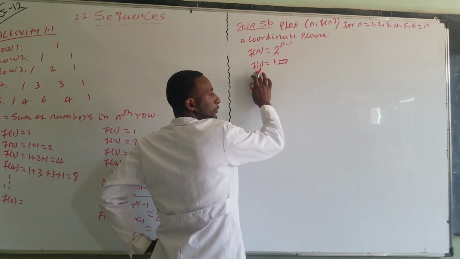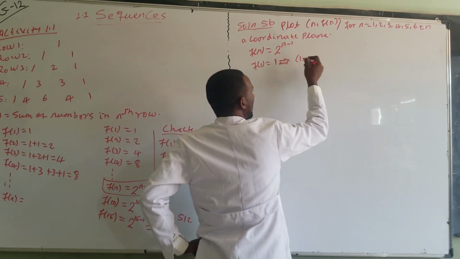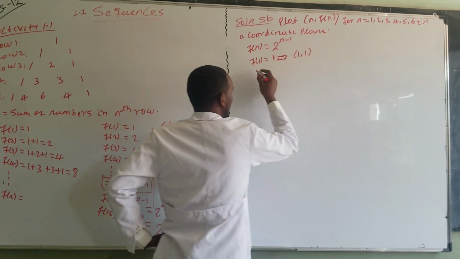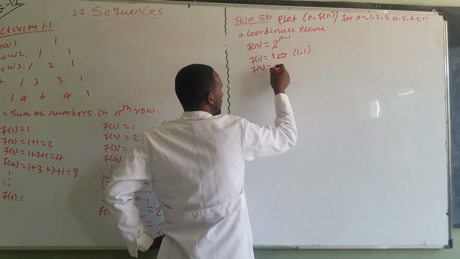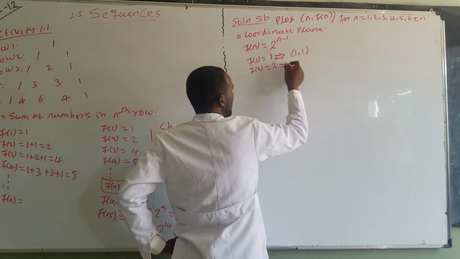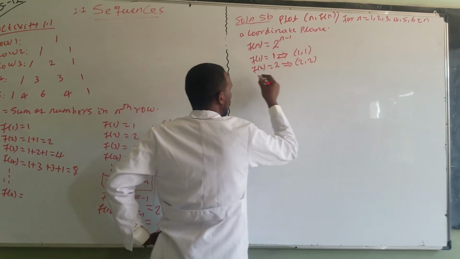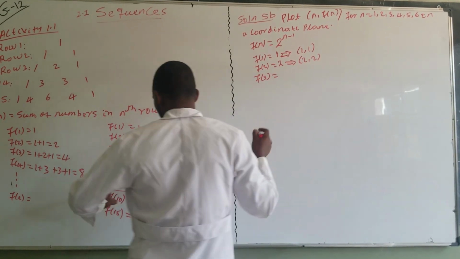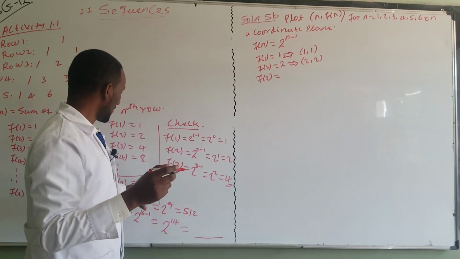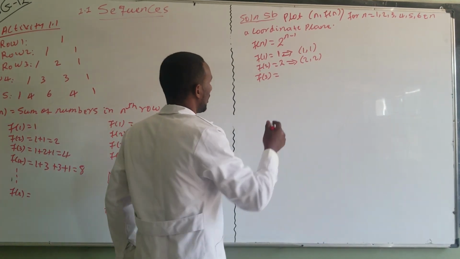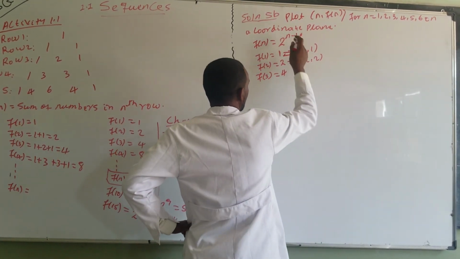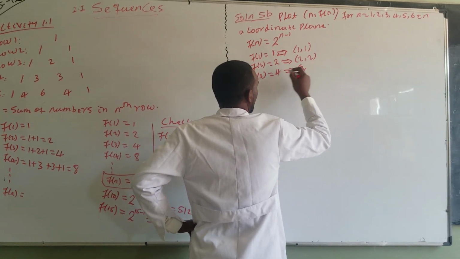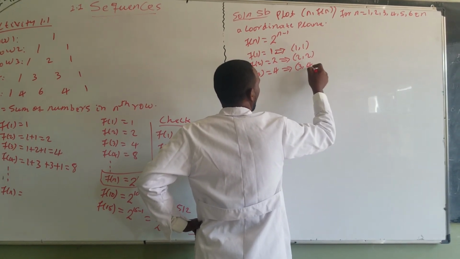f of 1, this implies that when we write the ordered pair for f of 1, in place of n we take 1, so 1 comma f of 1. Then f of 2 is equal to 2, which implies 2 comma 2. f of 3 means 2 to the power of 3 minus 1, which is equal to 4, so in place of n we take 3 and in place of f of n we take 4.